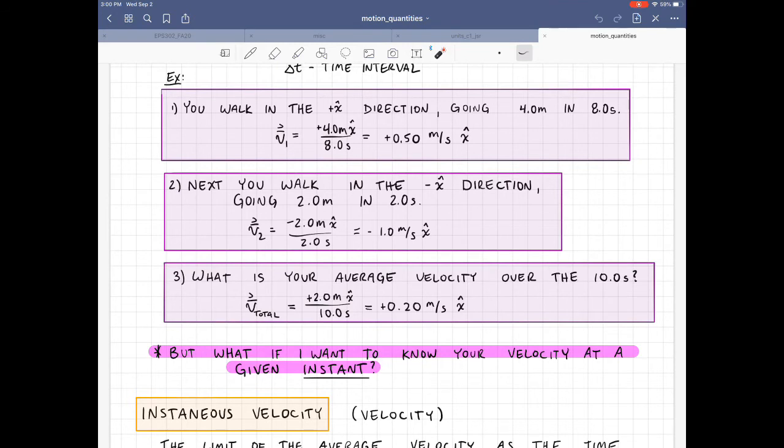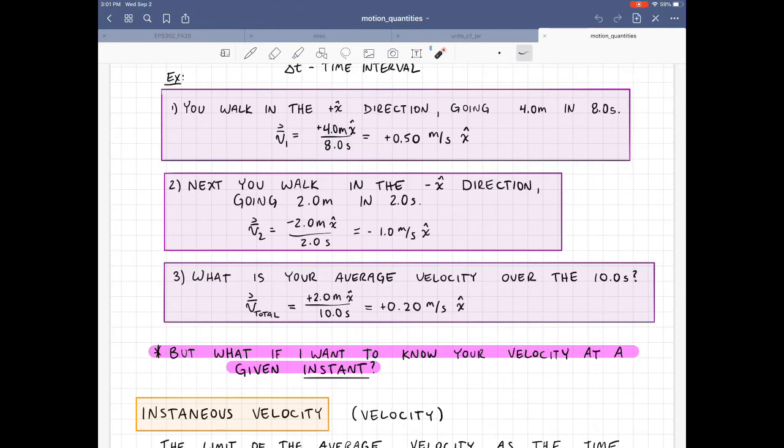Well, we already said that the total displacement is just the sum of the individual displacements. So plus 4 meters and minus 2 meters, so my total displacement is just plus 2 meters in the x-hat direction. The time interval, well, it's 10 seconds. And so the average velocity over the entire trip is plus 0.2 meters per second in the x-hat direction.